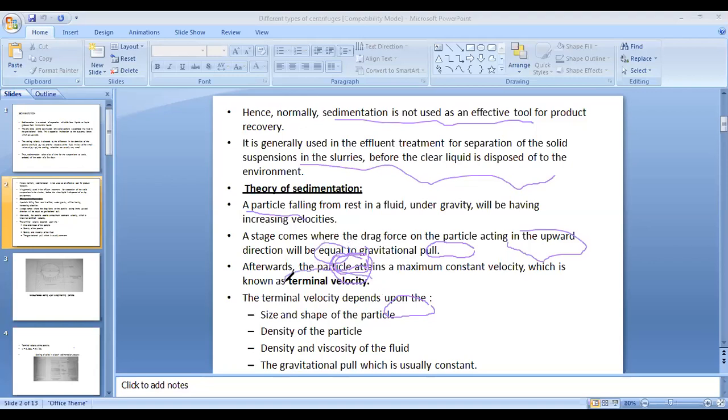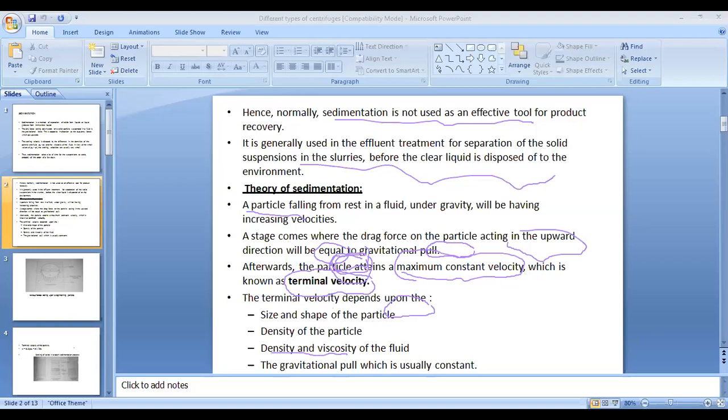At that time the particle settles, moving at a constant maximum velocity. The terminal velocity mainly depends on the size of the particle, the shape of the particle, the density of the particle, and the density and viscosity of the fluid.